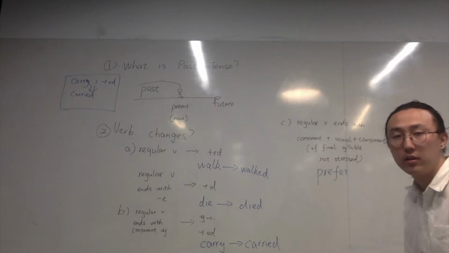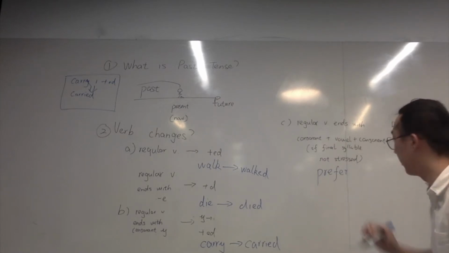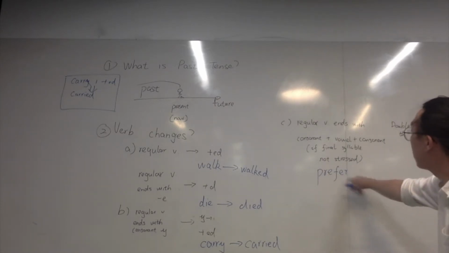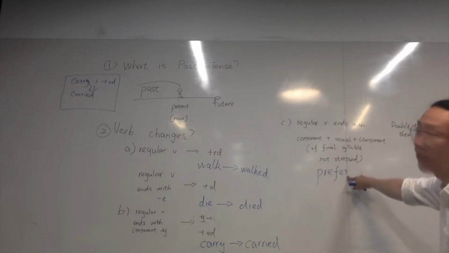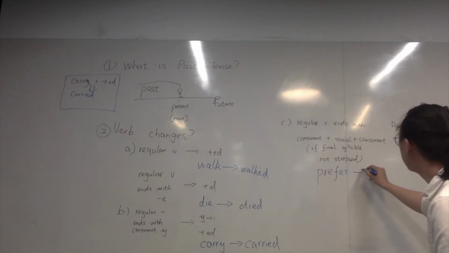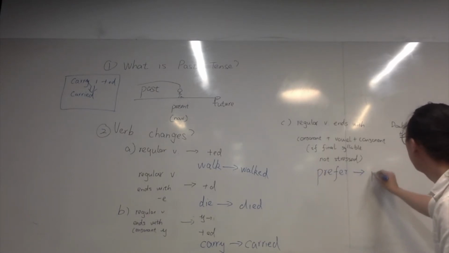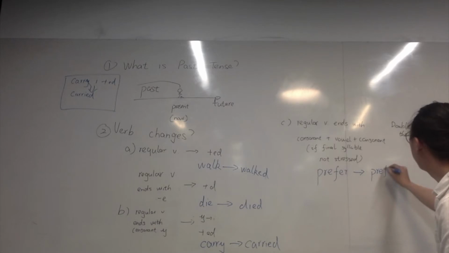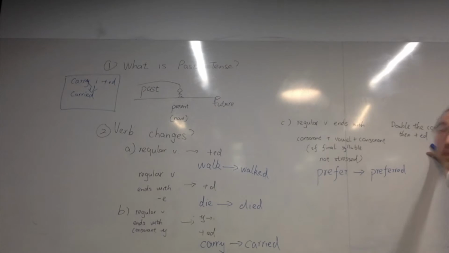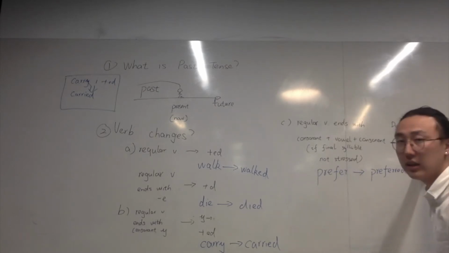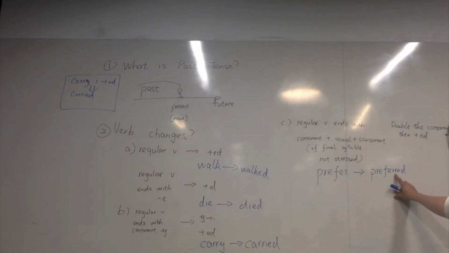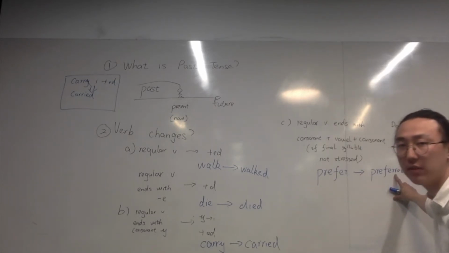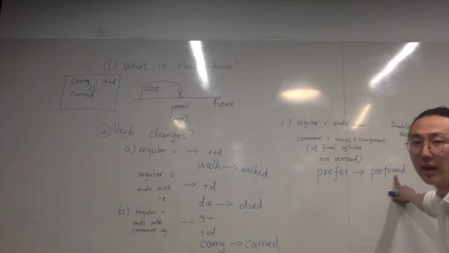I prefer drinking milk. Prefer, yes. So as you can see, it's consonant plus vowel plus consonant. What you need to do is change it to preferred. So basically you double the consonant, then add ed. So it's still about adding ed, yep. But don't forget the double R. It depends on the verb that you have. Sometimes it's double T or double something else.